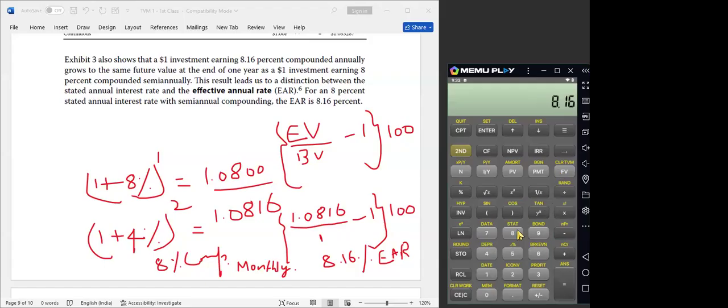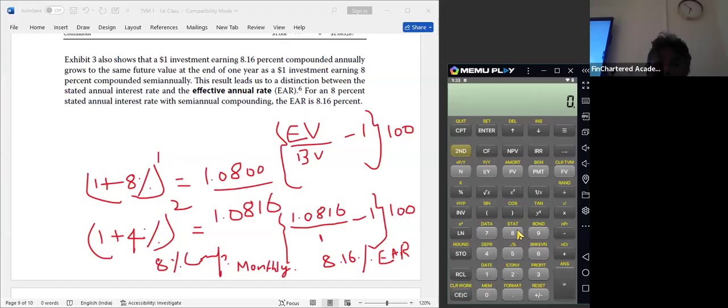Yes. The same way, when I have monthly compounding, what I have to do is 8% divided by 12. That part is done. So to this, I have to add 1. So this is 1 plus 8% divided by 12. Correct? Then I have to raise it to the power of 12, I have to do it for 12 times.